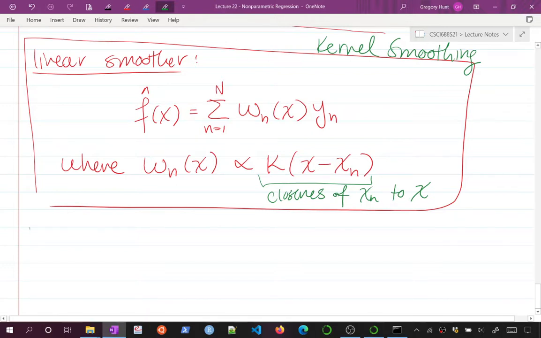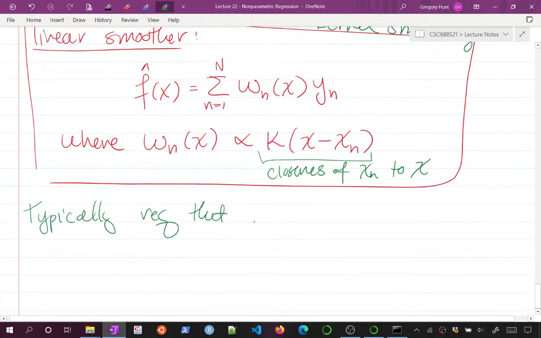Typically, we're going to require that if I sum up my weights, these are going to be 1. So this is one way of thinking about it.